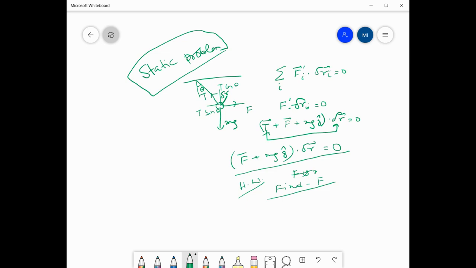Because for a static problem, we know that time is not involved, because it is static. Whatever be the time, it is not changing. That's what static means. Can we apply this principle to a dynamic problem? Common sense says, or most of the people, all but one in a million, will say that no, it is not possible.